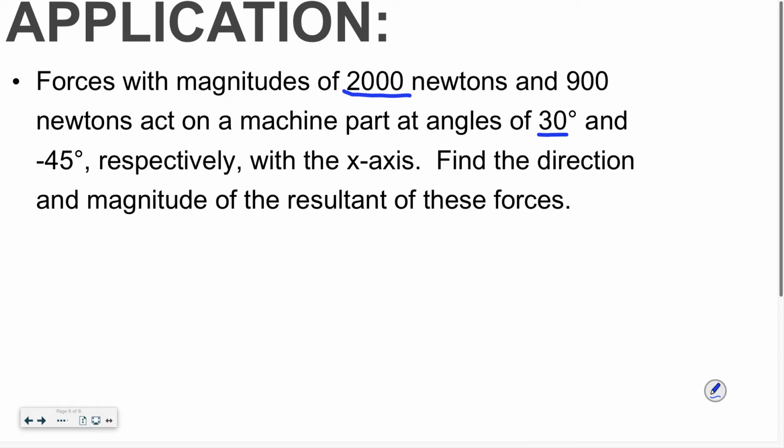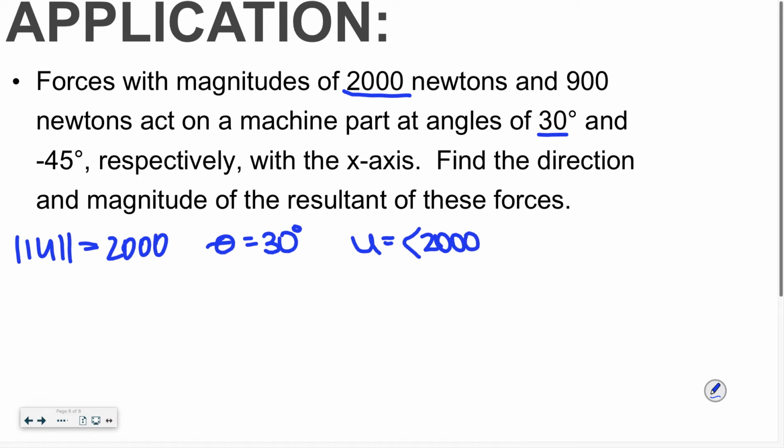Okay. So vector u has a magnitude of 2,000 and an angle of 30 degrees. Since that's the case, then vector u is 2,000 times the cosine of 30, 2,000 times the sine of 30.